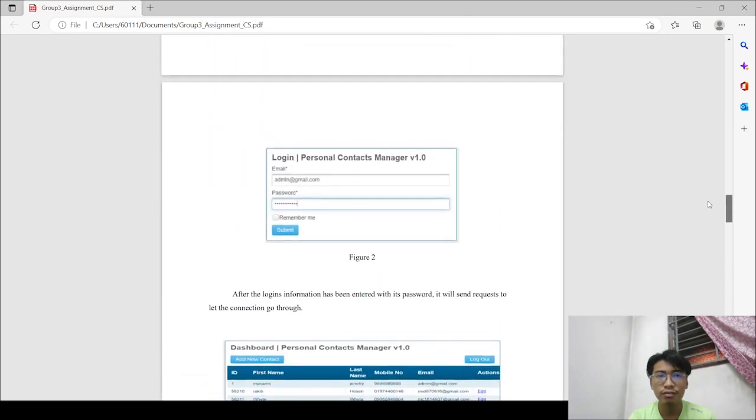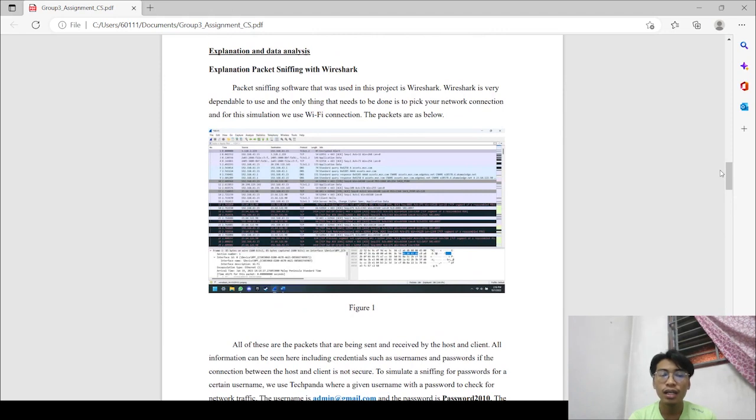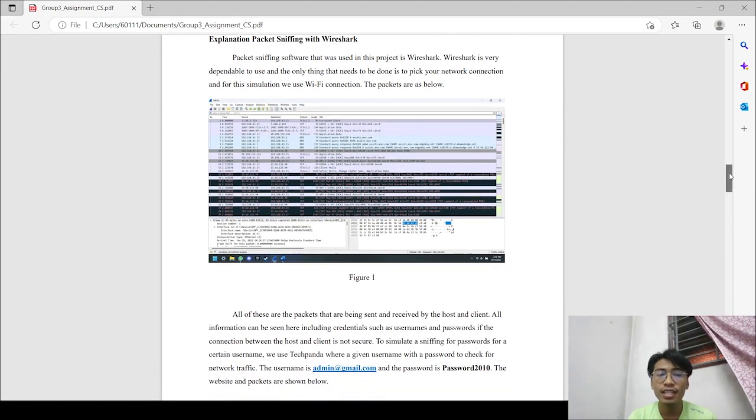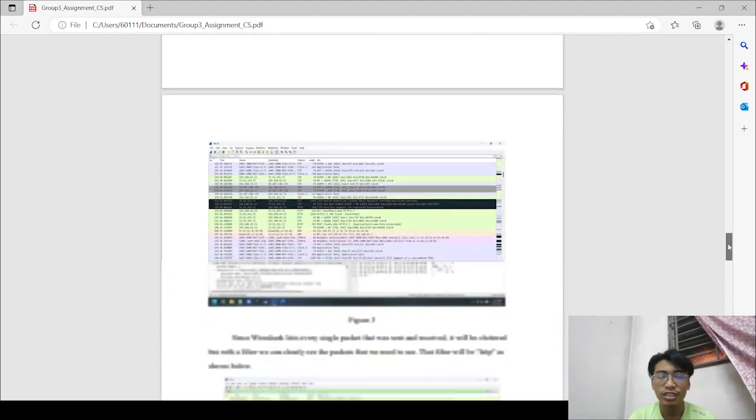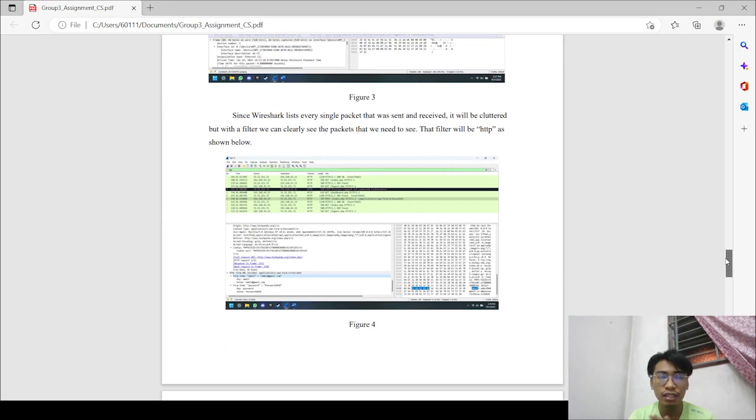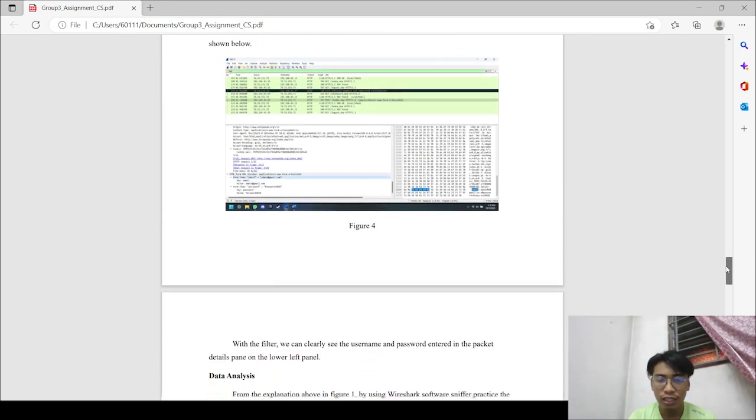Let's see the explanation of packet sniffing. As Rais already told you, using Wireshark we can sniff and go through the logs of the activities around the same network.